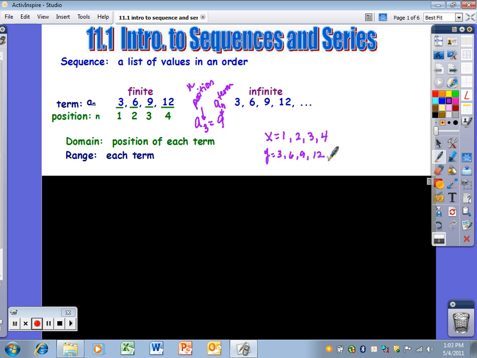Notice that I listed each element of the domain. And the reason I do that is because there is no 1.5 position, 3.5 position, 2 3/4 position. The only positions that there are 1, 2, 3, 4. So the domain will always be the set of counting numbers, the natural numbers.